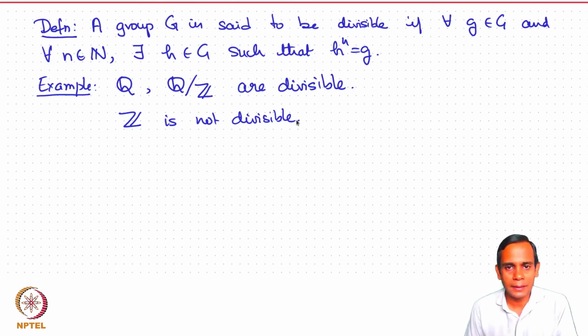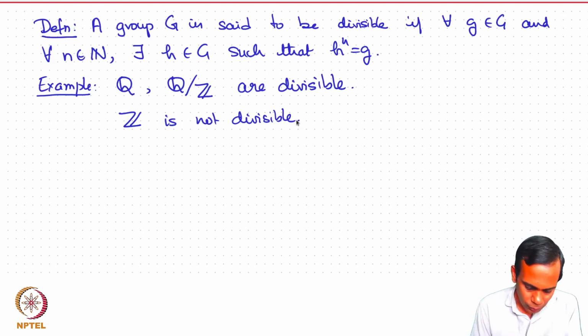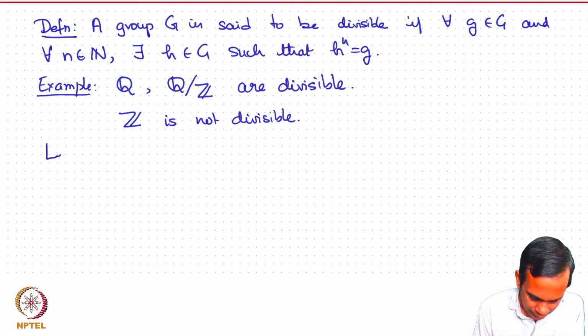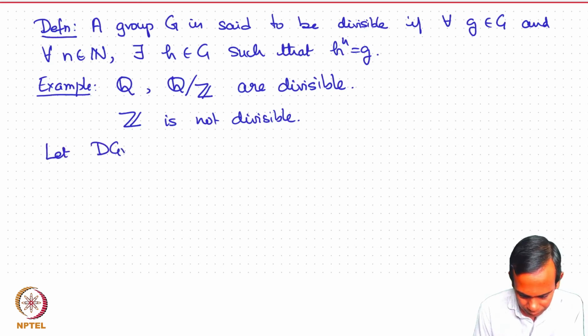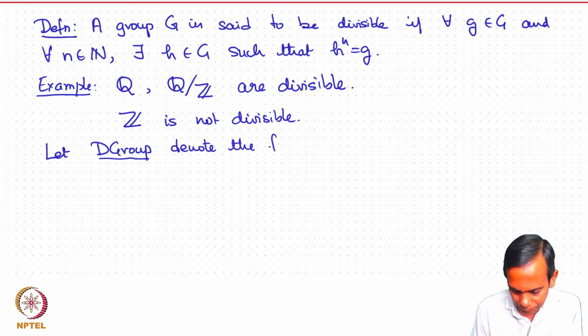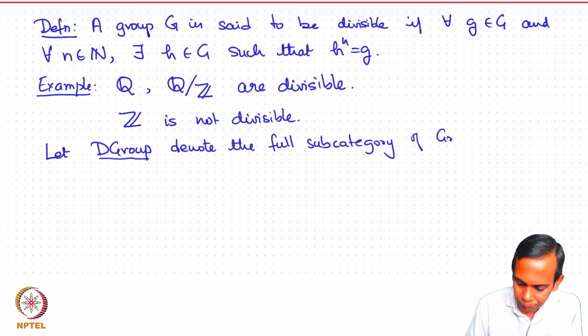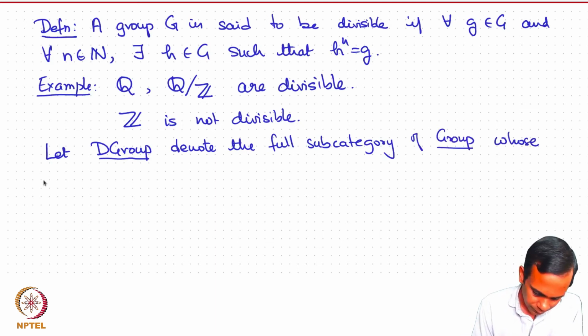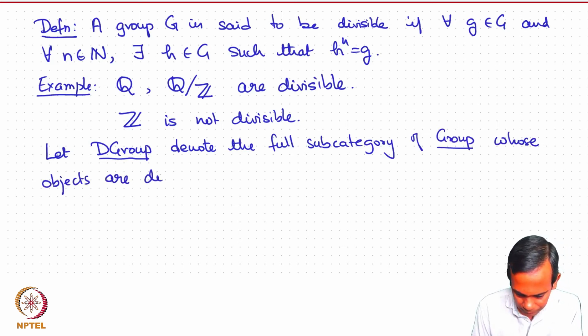Now let me define a subcategory of the category of groups. So let D-Group denote the full subcategory of Group whose objects are divisible groups.